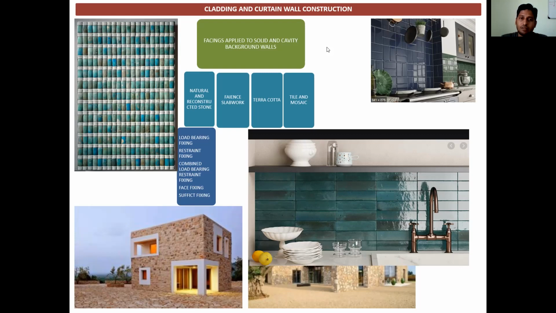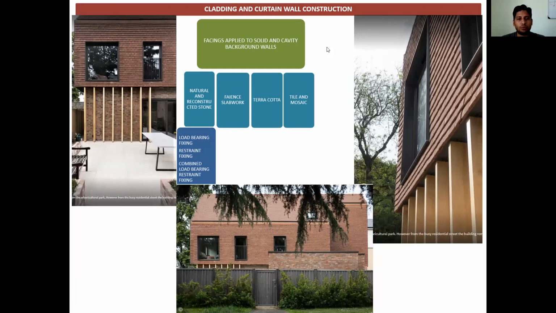Next, this terracotta work is very important in terms of Indian architecture. It is very well recognized and accepted in our country. So go through this terracotta tile and how it is cladded. Many terracotta tiles can be created with the kiln method, as a factory product.